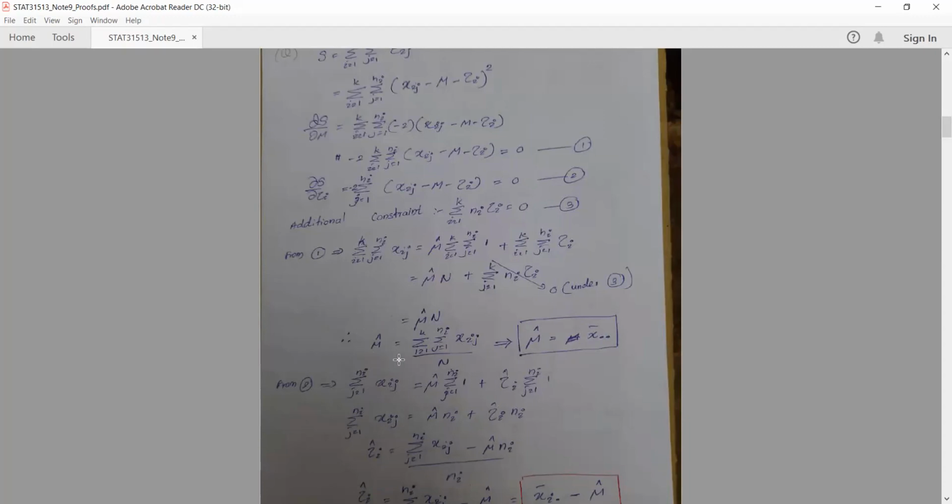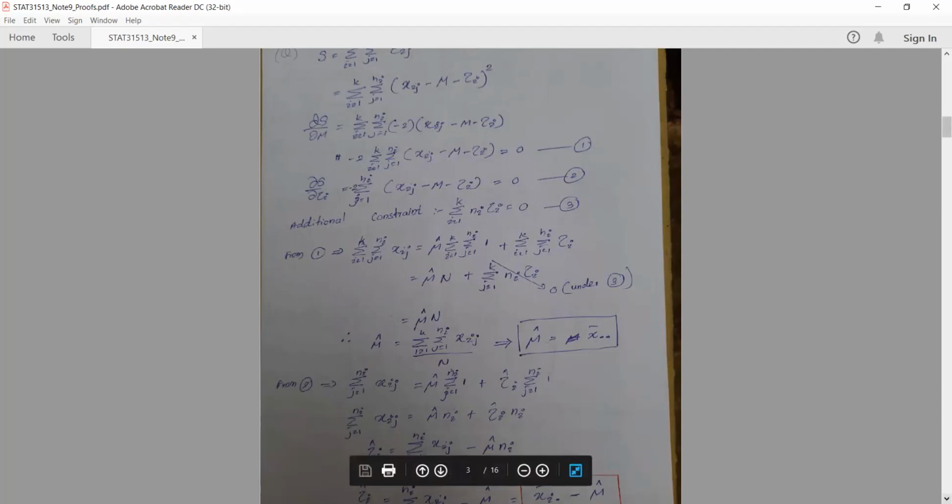So mu hat is equal to summation xij divided by N. That is, we are taking the grand total and dividing by the total number of observations. That is equal to the grand mean, so we can denote it by x double dot bar.